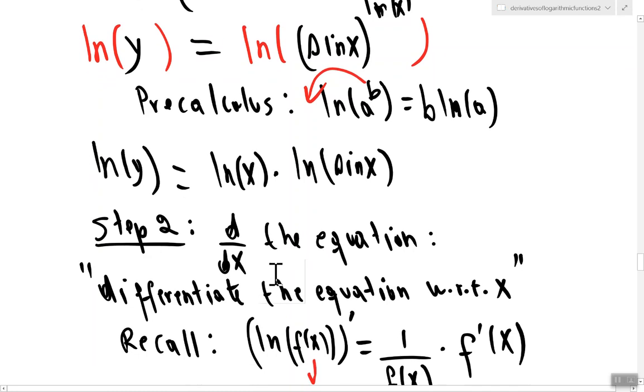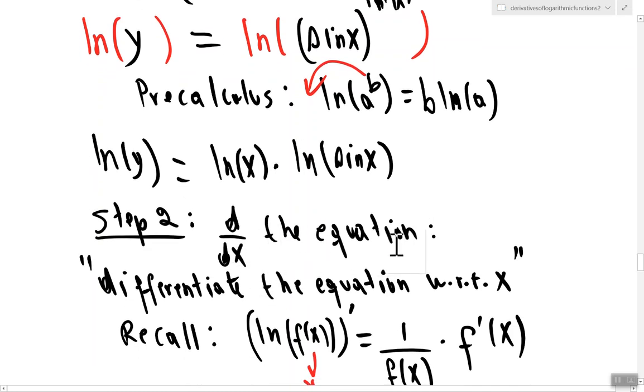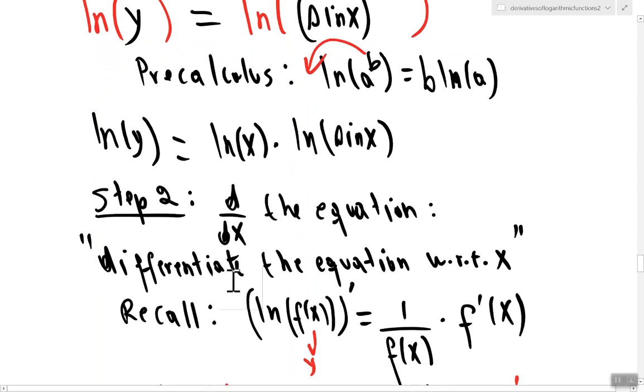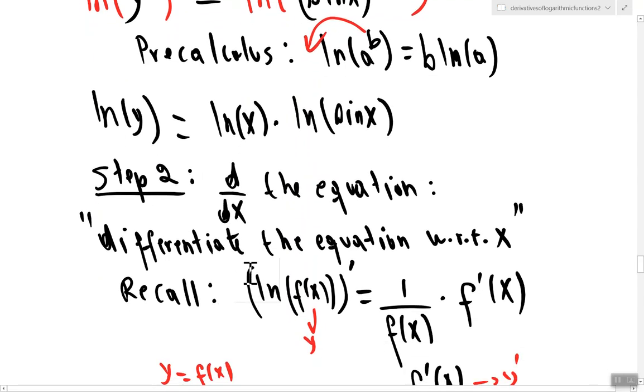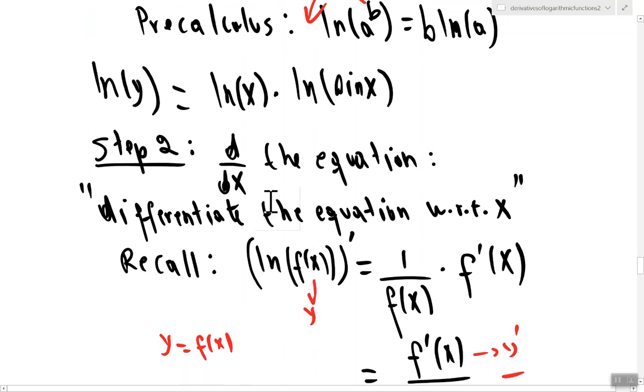The second step now is to take d/dx of the equation. We're going to take the derivative of this equation with respect to the x variable. So remember, when we did the second video, when you take the derivative of ln of f of x, the answer was 1 over f of x times f prime of x.